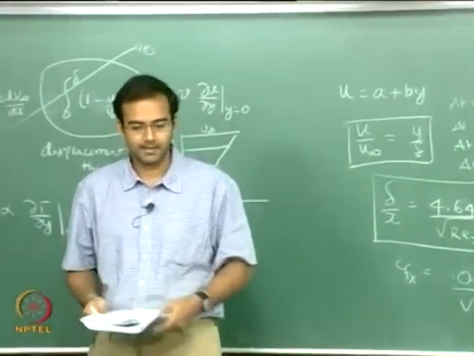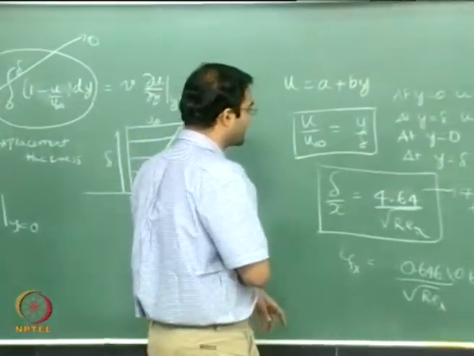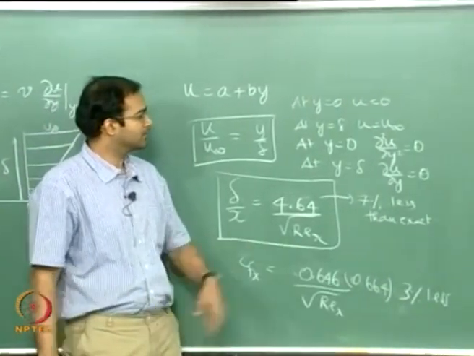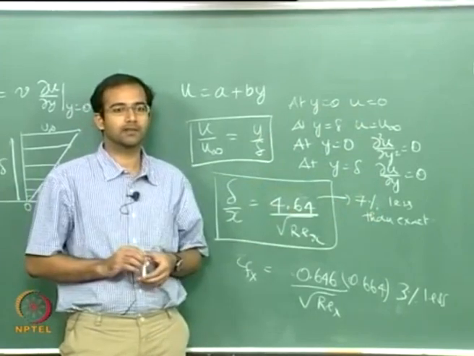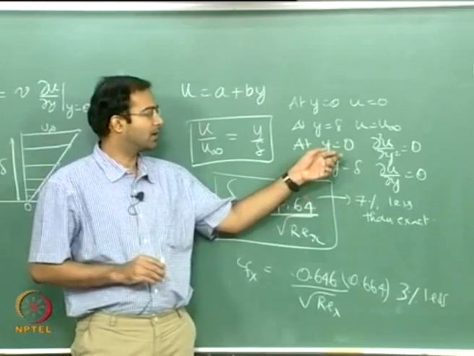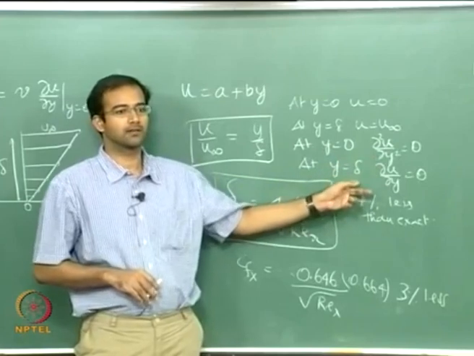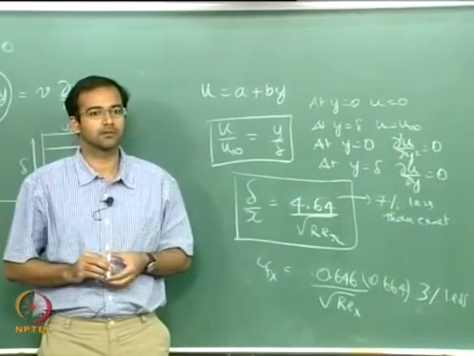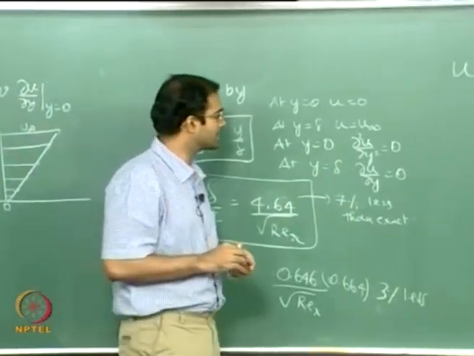Therefore you can see the higher order polynomial is definitely better than using a linear polynomial, and you can also see that it's important to satisfy all these four boundary conditions if you want to get a reasonably accurate solution. Especially at the wall you also have to satisfy that curvature equal to 0, and at y equal to delta, du by dy has to be 0. Shear stress has to be 0 at the interface. So these are the important things.